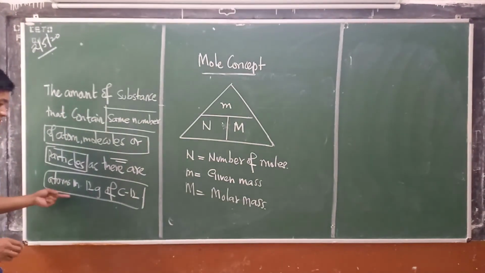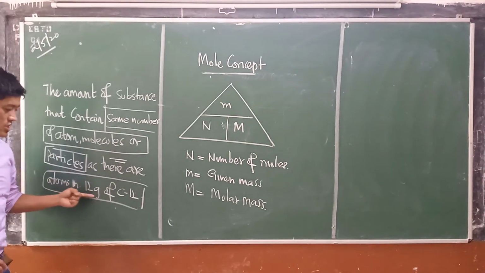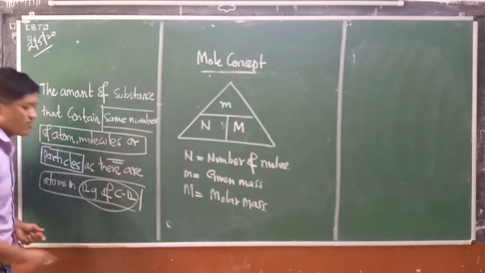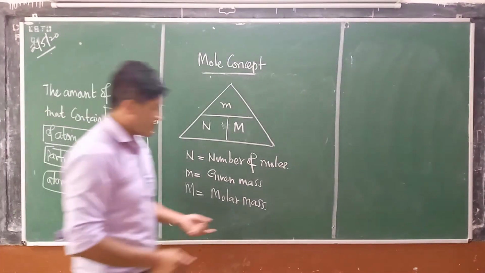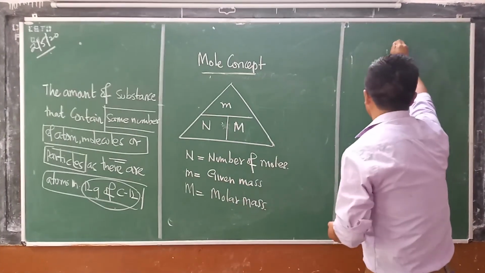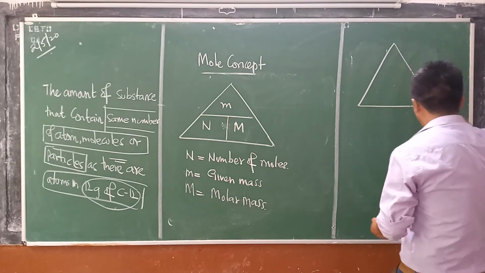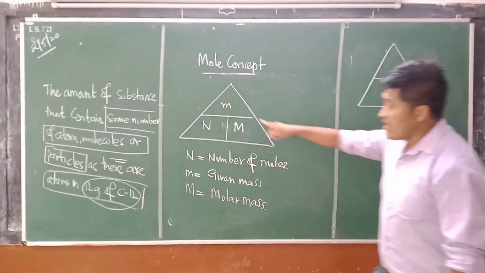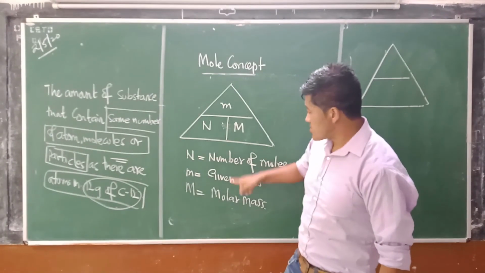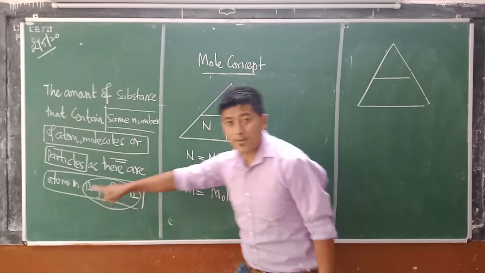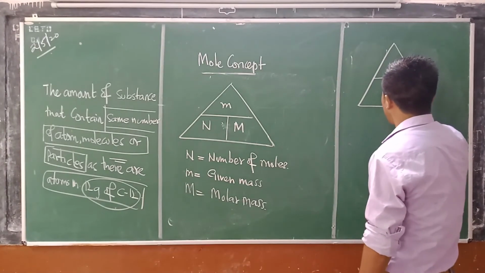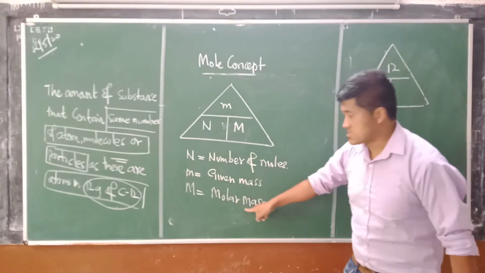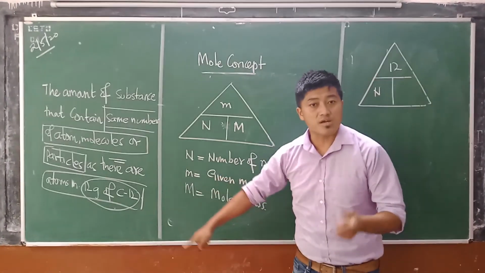Now let us try going for it. 12 gram of carbon 12. That means I'm going to write the formula here once again. Here, they have given, n is equal to given mass, 12 gram here. I'm going to write 12. And this is the number of moles. And the molar mass, that means what is the mass of the carbon 12?